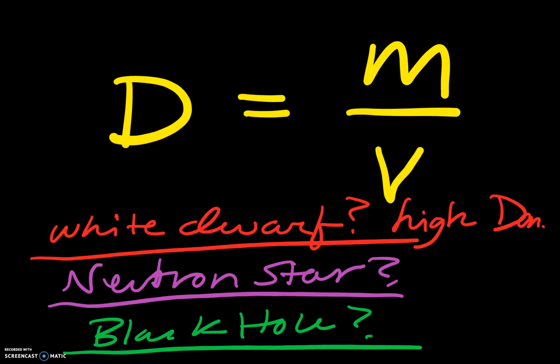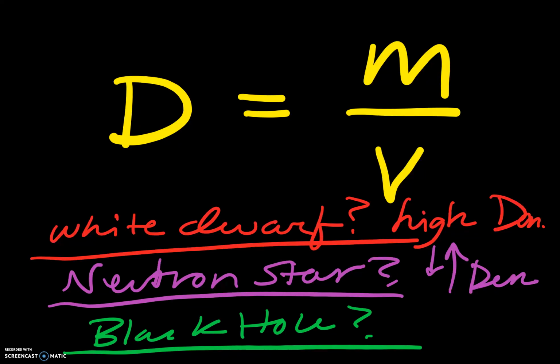Looking at neutron stars, they have an even higher mass than white dwarfs, and they take up an even smaller space. So looking back at the formula, you can see that's going to get us an even higher density.